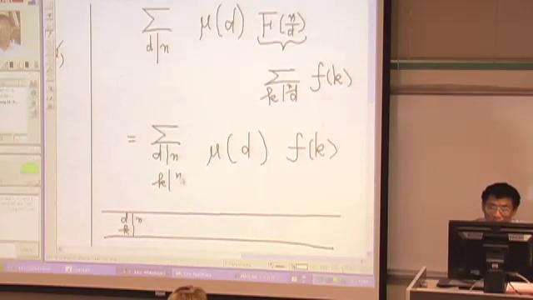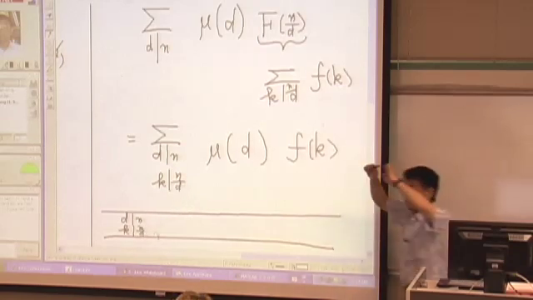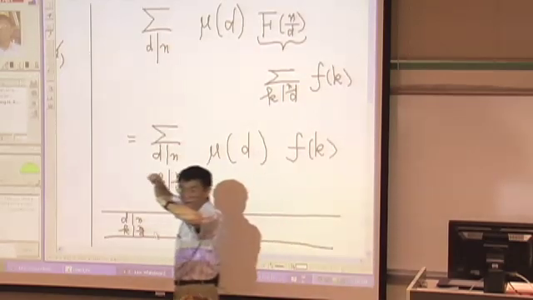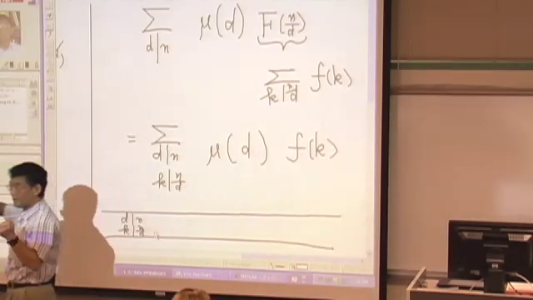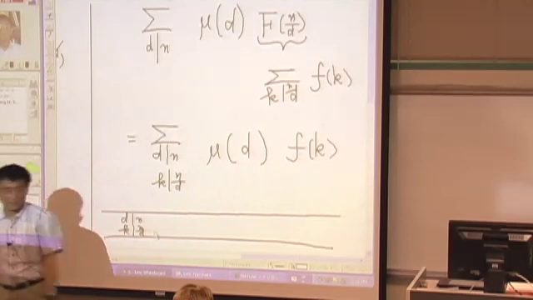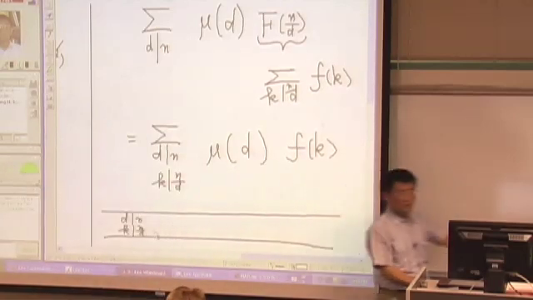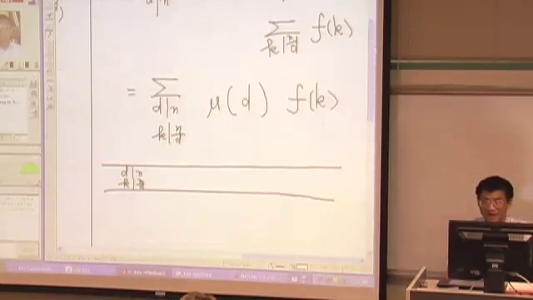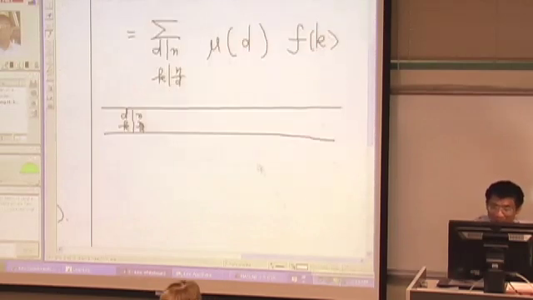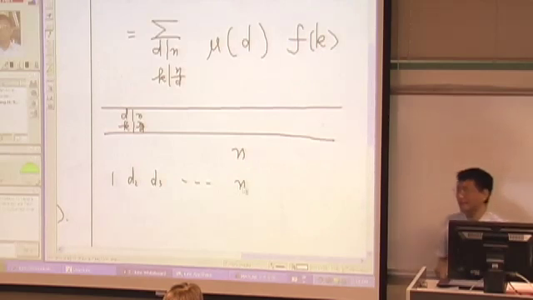Take a look. If D is a divisor of n, n over D is also what? A divisor, right? So it's like this. You are considering divisors of n, and n is divided by, for instance, 1, d1, d2, d3, and then eventually n is divided by n.